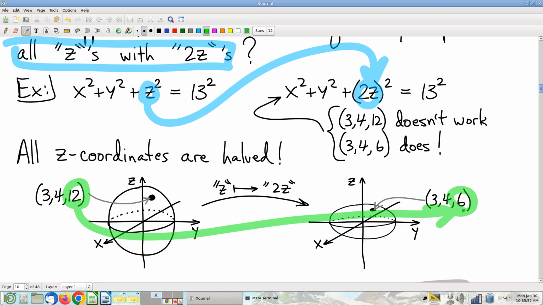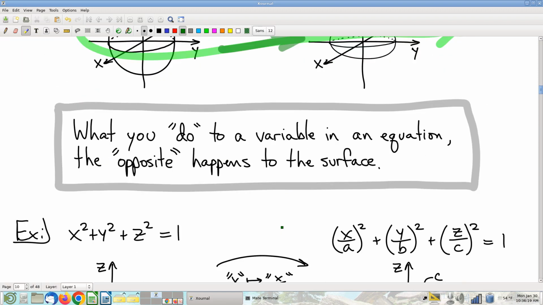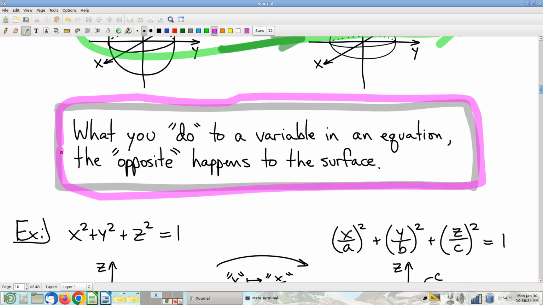Another way to say this is that having multiplied by 2 in the algebra causes in the geometry the exact opposite to happen, namely the z coordinates all get cut in half, to account for the extra factor of 2 there. So that's my general rule: what you do to a variable in an equation, the opposite is what you would expect to happen to the surface.